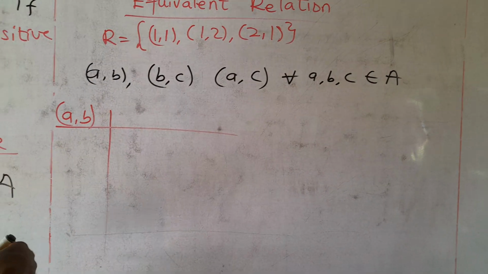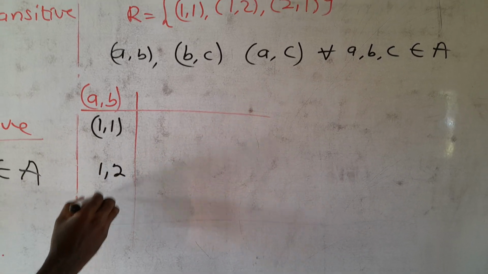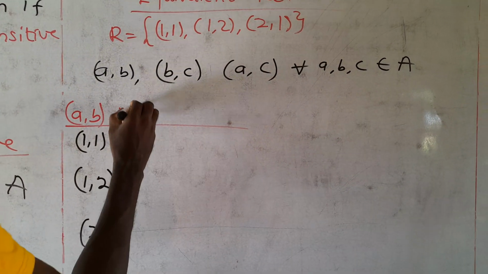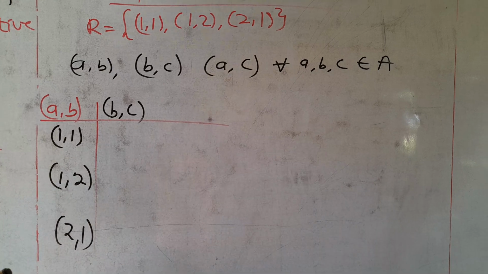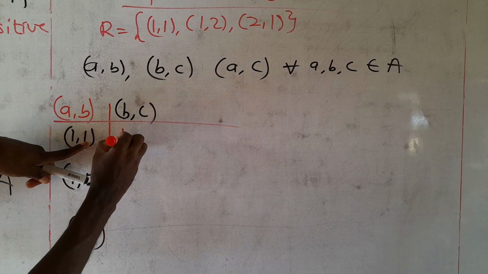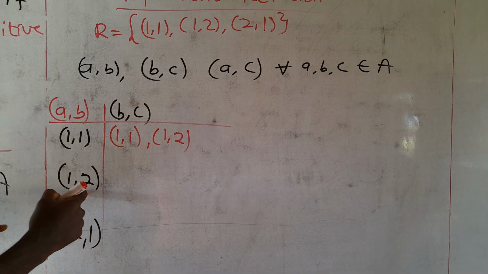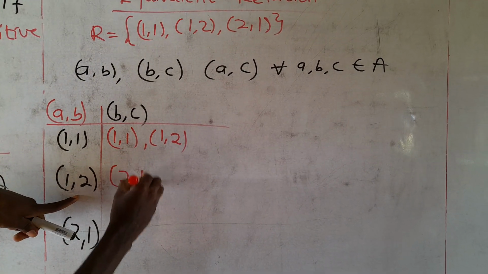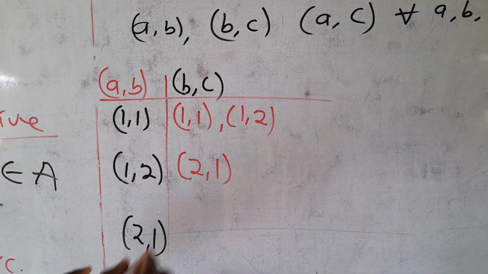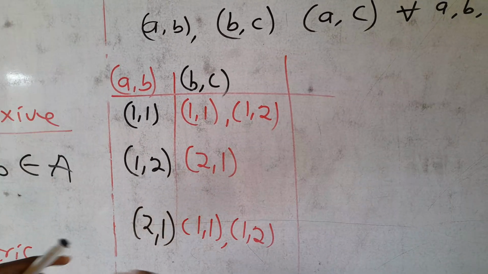So I'll just list the relation 1, 1, 1, 2, and 2, 1. Now I need b relating to c. So I'll select the ordered pairs where 1 starts. So we have 1, 1, then 1, 2. Then the relation where 2 starts, we have 2, 1. Then the relation where 1 starts, so we still have 1, 1, then 1, 2.